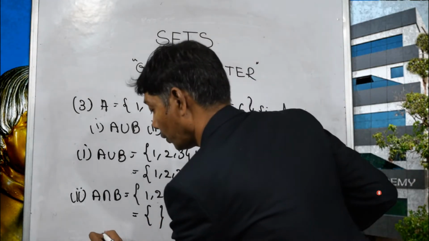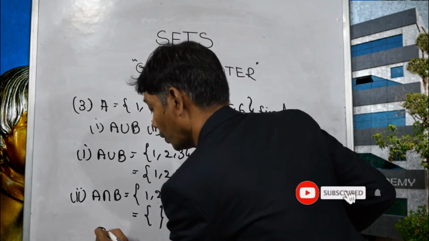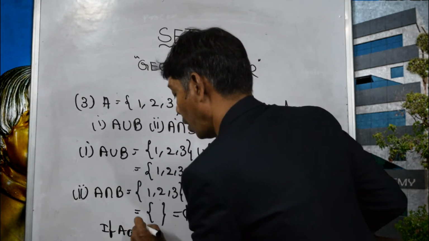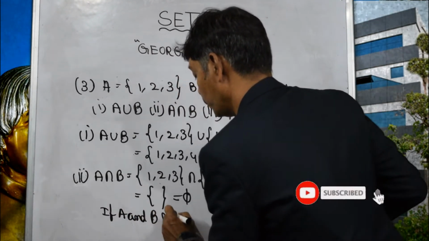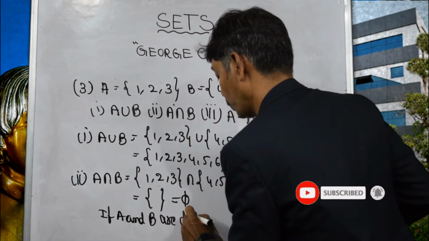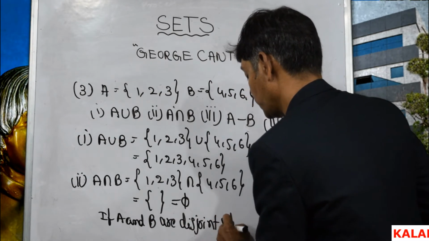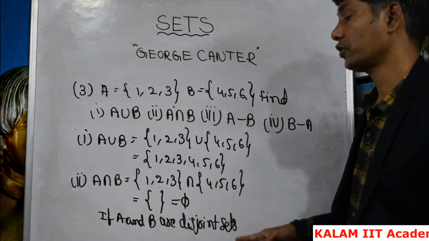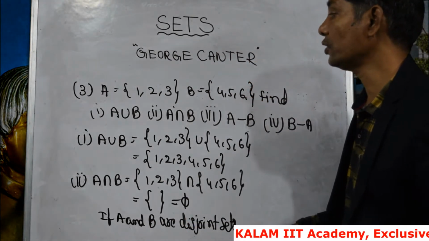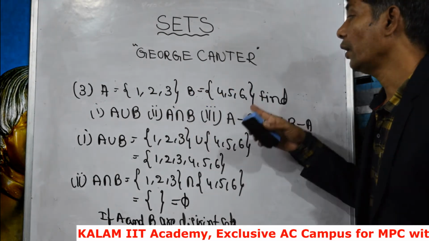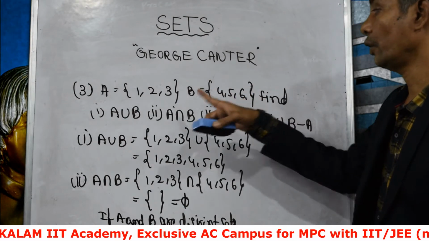Here you can say, if A and B are disjoint sets, A and B are disjoint sets. Disjoint sets means the elements present in A are not equal to the elements present in B. Both are different.